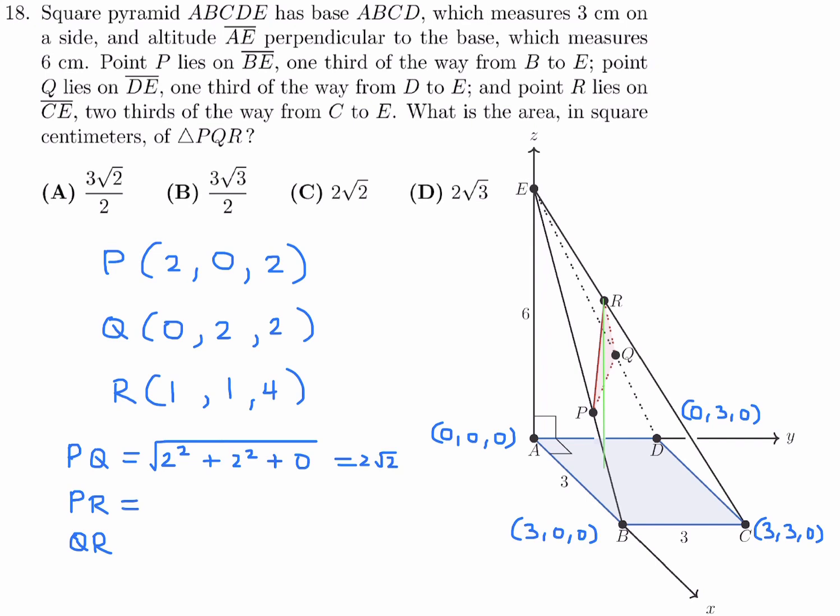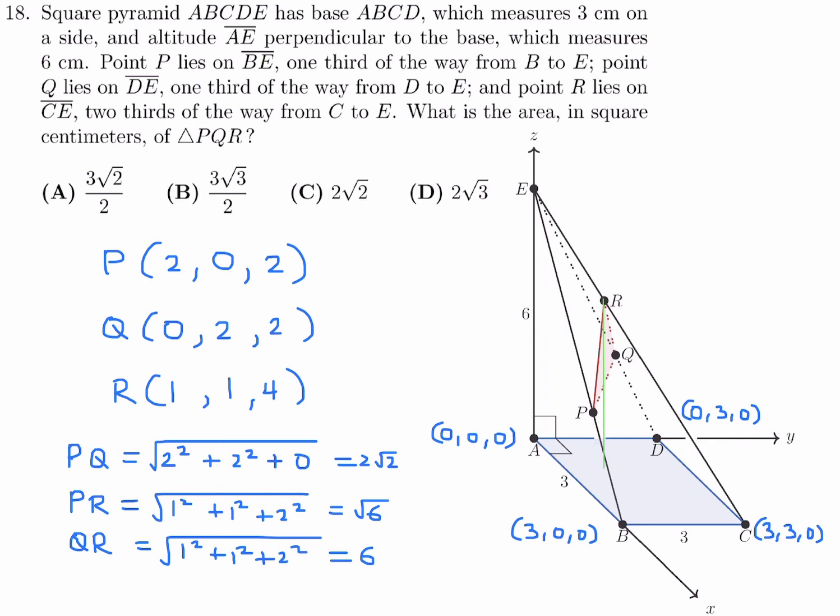And then PR, 2 minus 1 squared, which is 1 squared, and then 1 squared plus 2 squared, all under the square root sign. And that is root 6. And then QR, let's see here, 1 squared plus 1 squared plus 2 squared. That's also root 6.